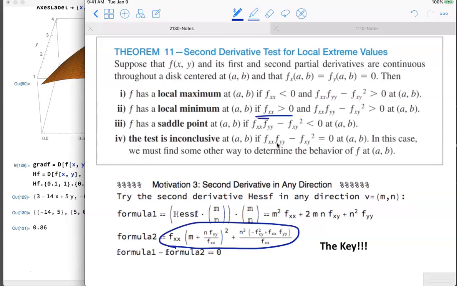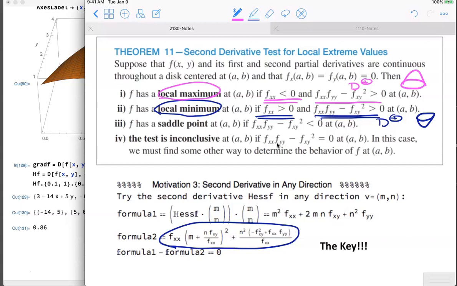If fxx is positive and D is positive, then we know that the function is going to look like a paraboloid opening upward, and that is when you can say that the function has a local minimum. But if the second derivative comes out to be negative and D is also a positive number, then we have a local maximum because we know that the function is probably going to be well approximated by a paraboloid that is opening downward.